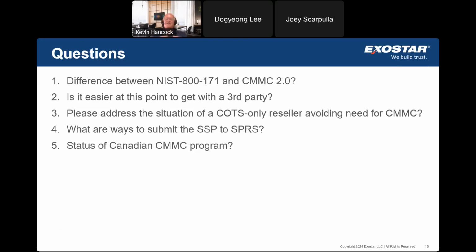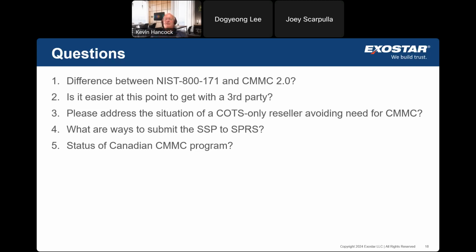So what's the difference between NIST 800-171 and CMMC 2.0? As you probably heard as I talked about this throughout today's conversation, and if you've attended other webinars that I do, they're very intertwined. The way I think about this is that CMMC is the overall program, right?